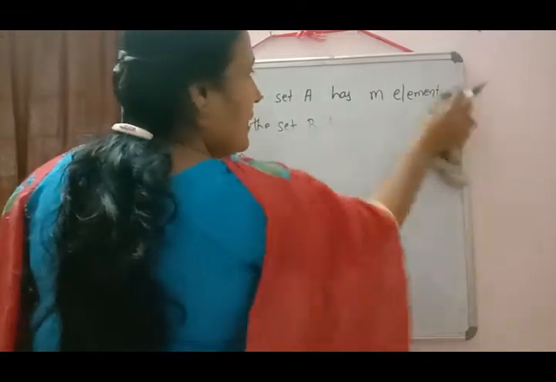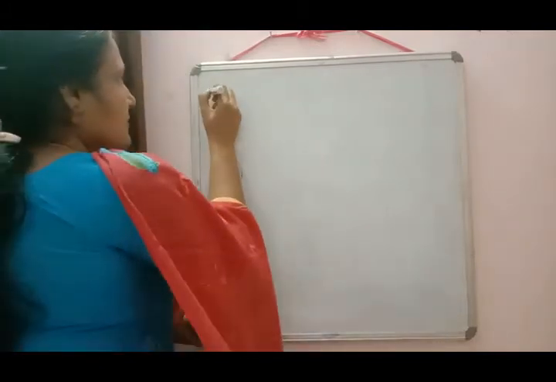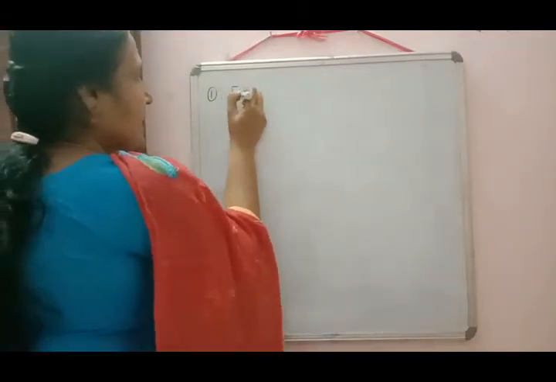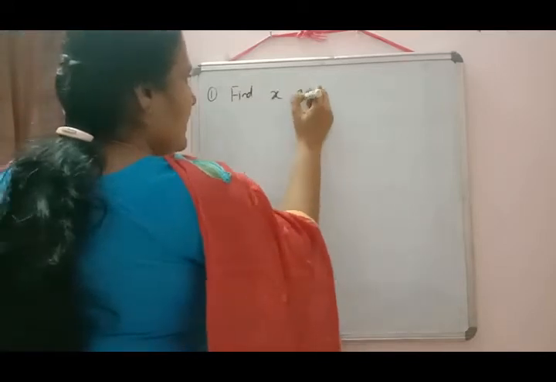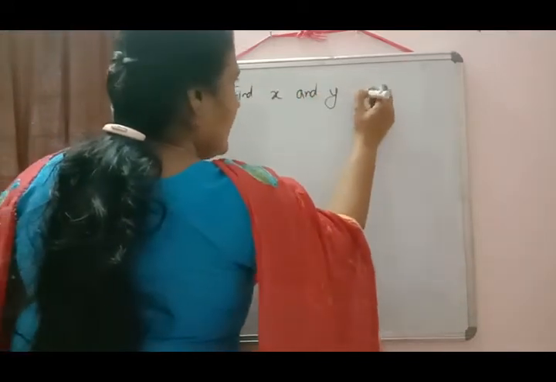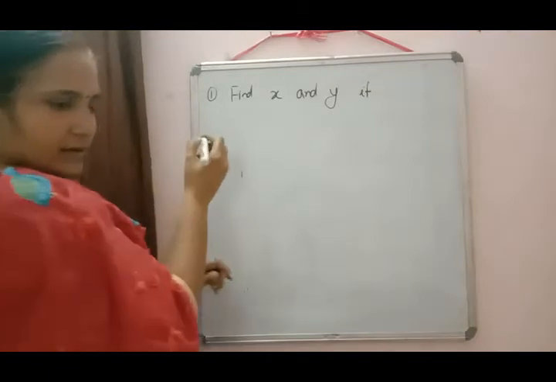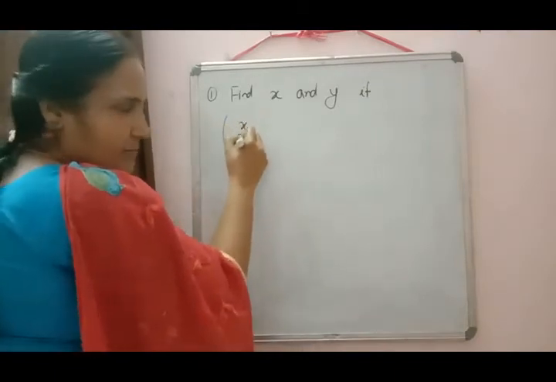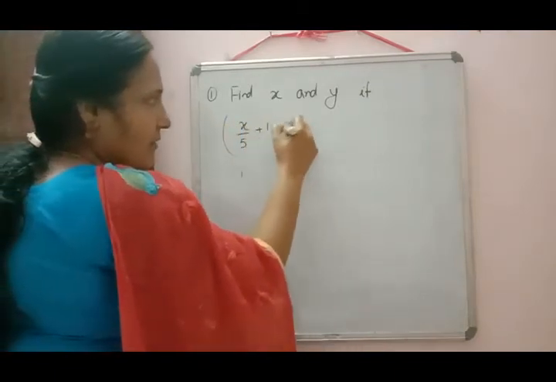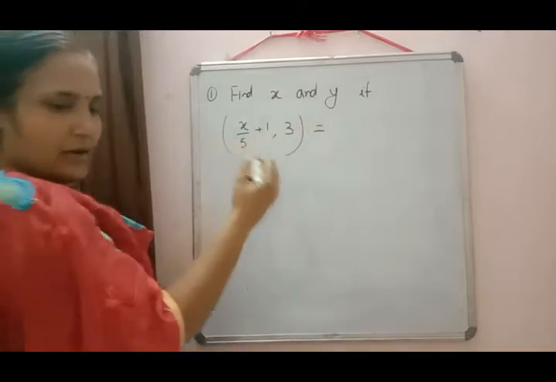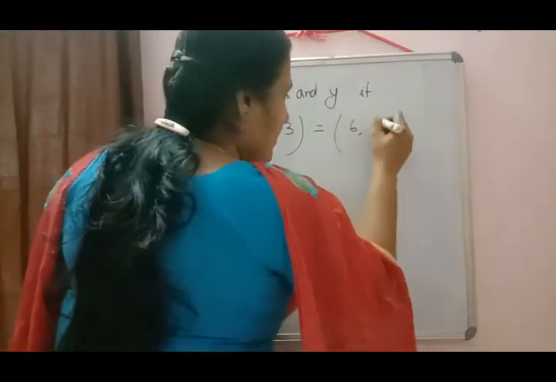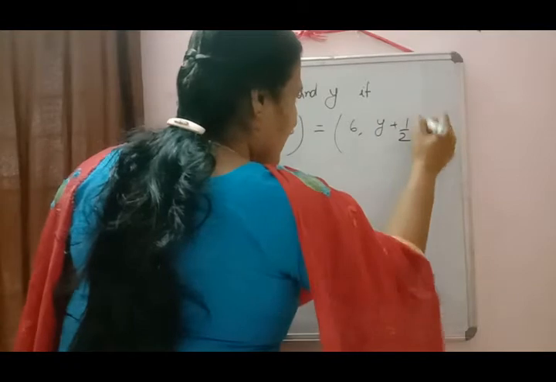So all of you write down the first question. Find x and y if (x by 5 plus 1, 3) is equal to (6, y plus 1 by 2).